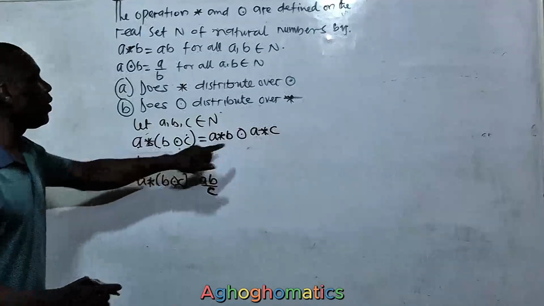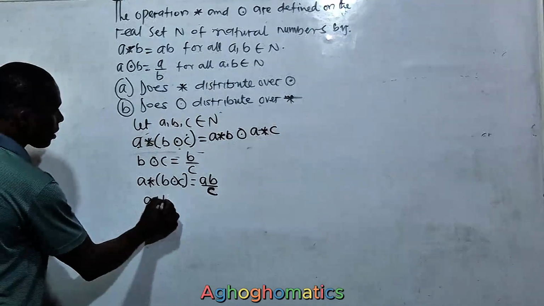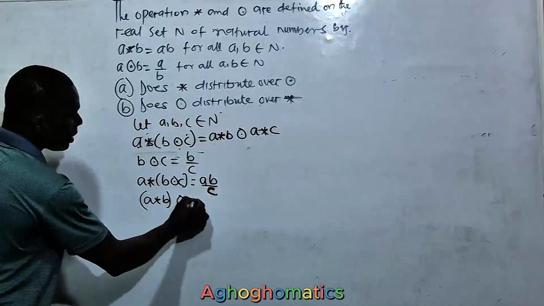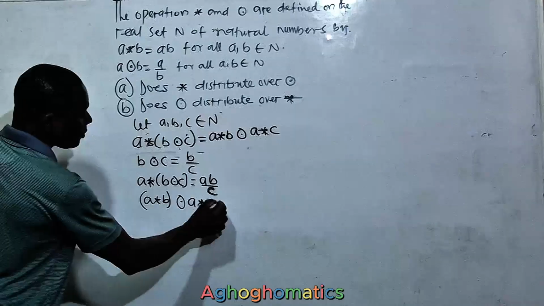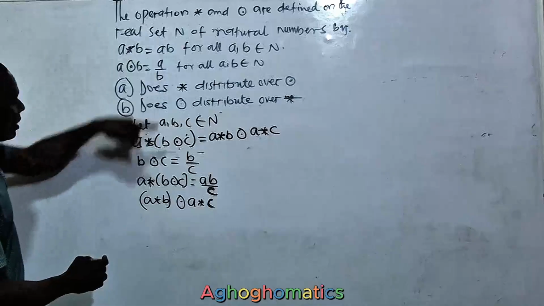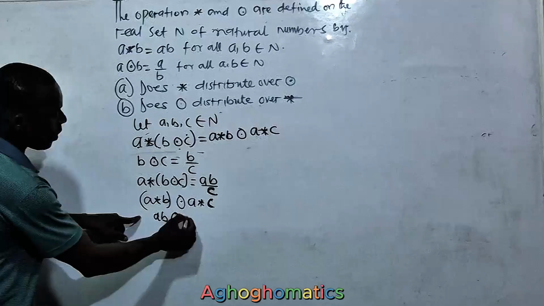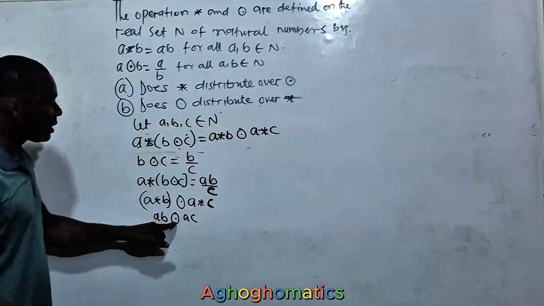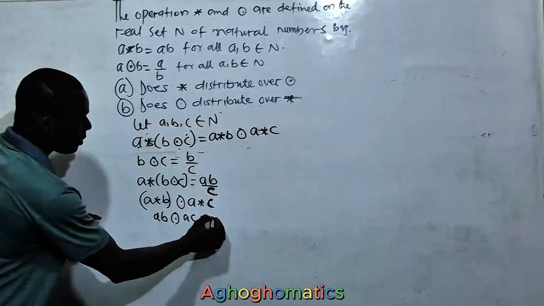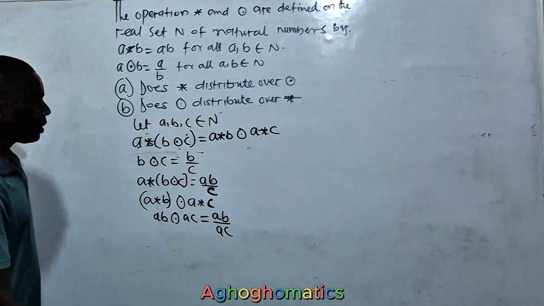Now let's check it with the other side. This one is A operating upon B asterisk A asterisk C. Looking at this operation, it means their product, which is AB, operated upon AC. Now, once you have this, it is this one divided by this, so it's AB over AC.